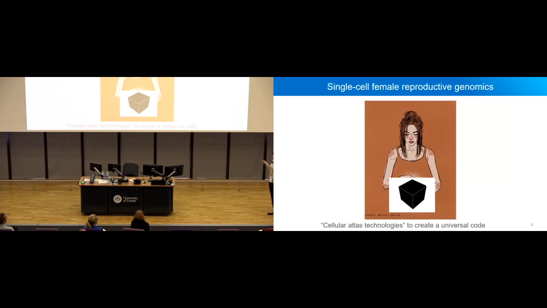So our team has been leading on single-cell female reproductive genomics to give a new angle on the molecular and cellular mechanisms of reproductive tissues, with the idea to create a universal code, like a Rosetta Stone, where we can integrate previous information that we knew about the tissue, and with all of this extract new biological information, creating gold standards that everyone can use and incorporate as part of their pipelines.